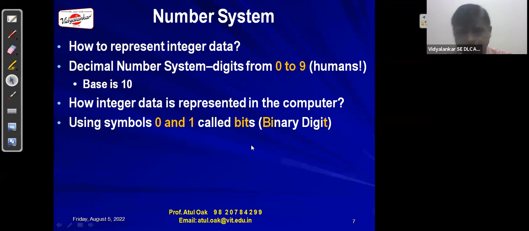Point 3, I'm repeating: data like integer data is presented in computer using symbols 0 and 1, called bits (binary digit), and the same data is represented using digits 0 to 9 by humans. Point 3 is complete.